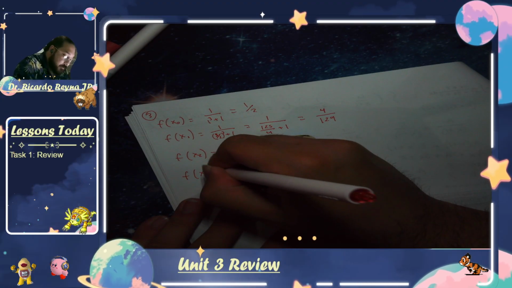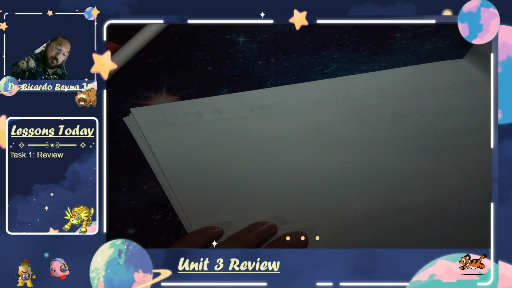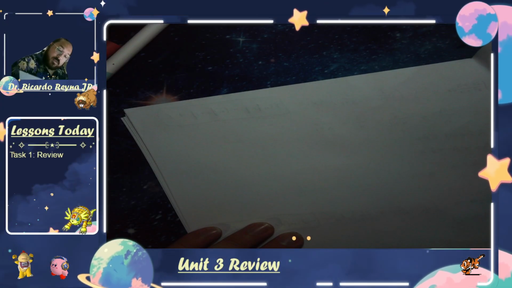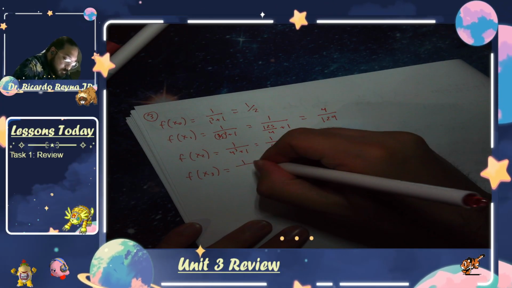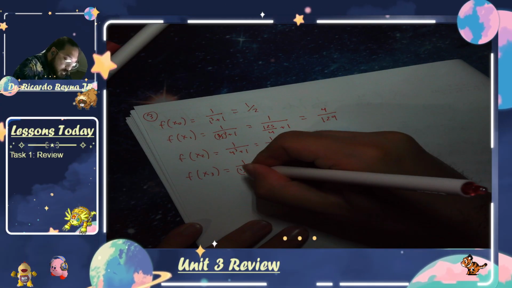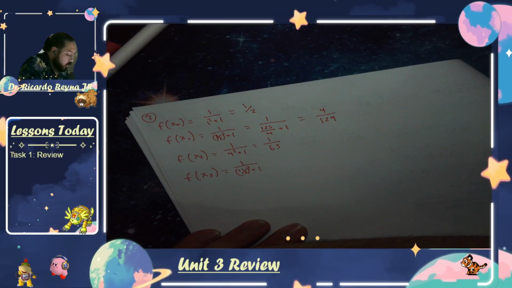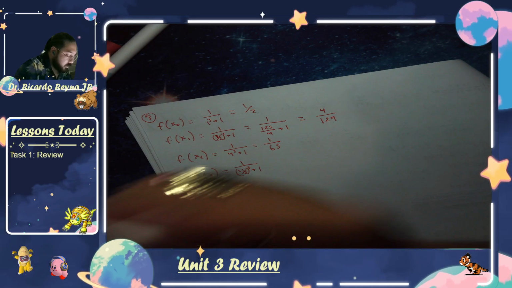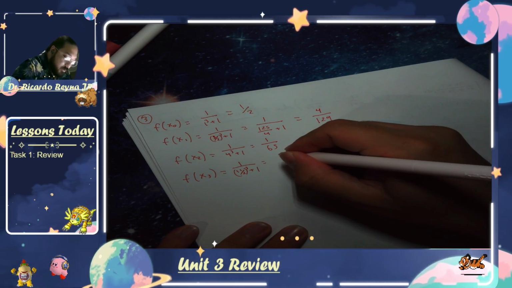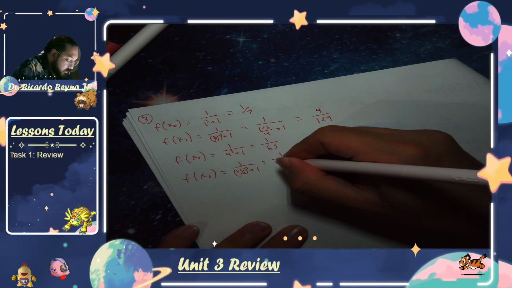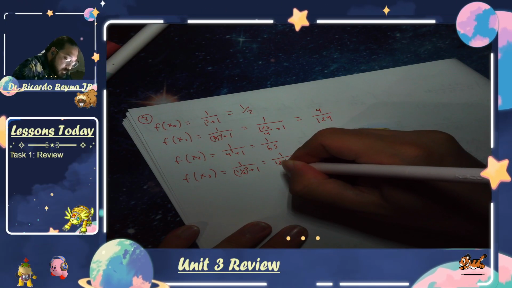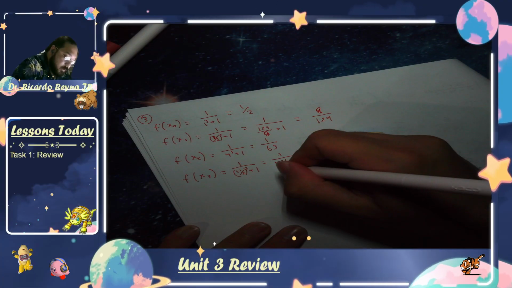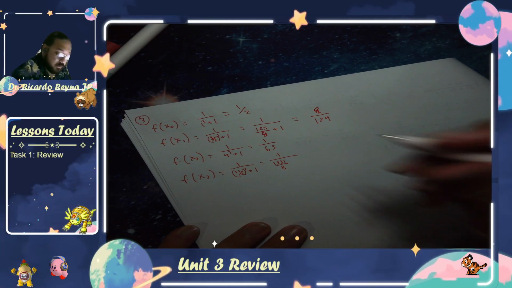F of x3 is, no, not 19, excuse me, is 1 over (11 over 2) to the power of 3 plus 1. What's 11 to the power of 3? It is 1331 over, I did 4, it's 8, silly. 2 to the power of 3 is 8.